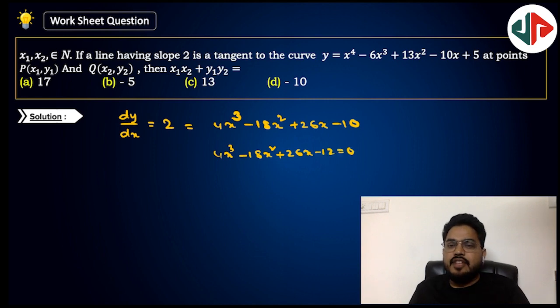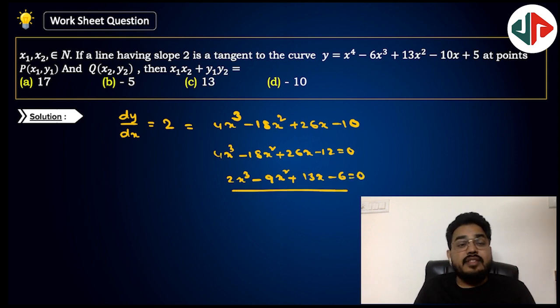Further simplification, you'll get 2x cube minus 9x square plus 13x minus 6 is equal to 0. So how many roots are possible? There exist three roots, but they are saying two of them should be natural numbers. So you need to identify the roots of this particular equation. 2 minus 9 plus 13 minus 6 is 0, so x is equal to 1 is the root.